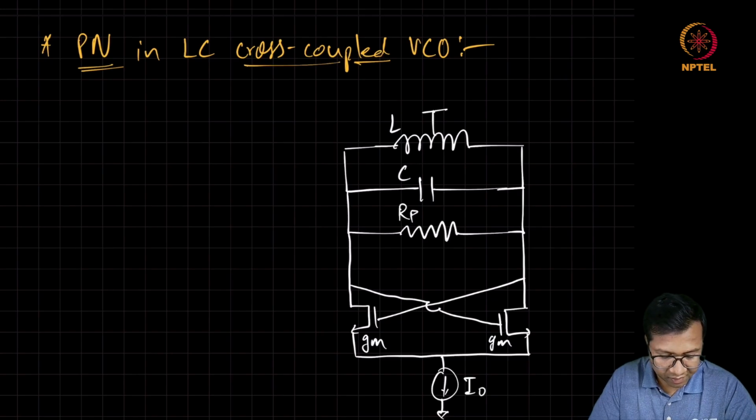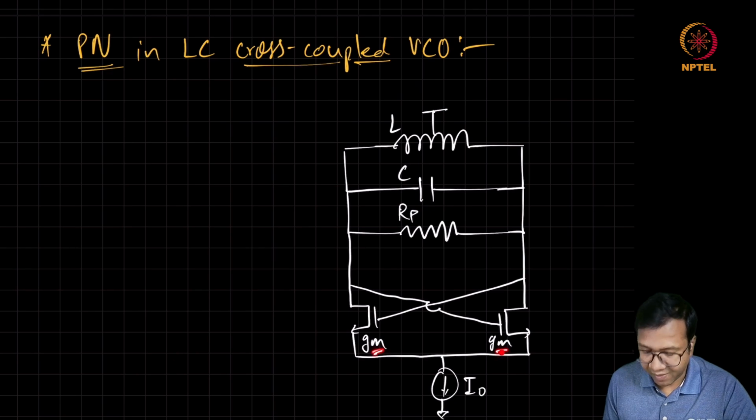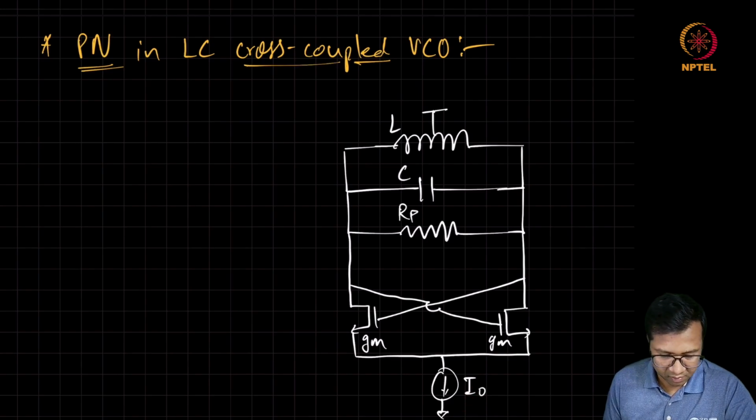So if we look at this circuit, we can see that the noise is going to be generated by this RP, by these two transconductors, and by the circuit which will be used for this bias current. First, we will focus on the noise due to this RP and these transconductors.